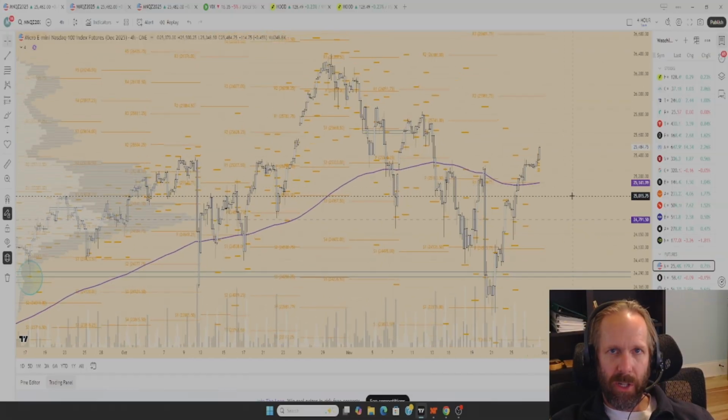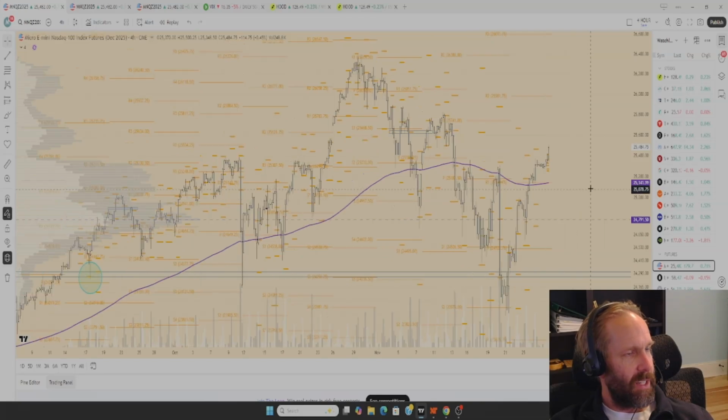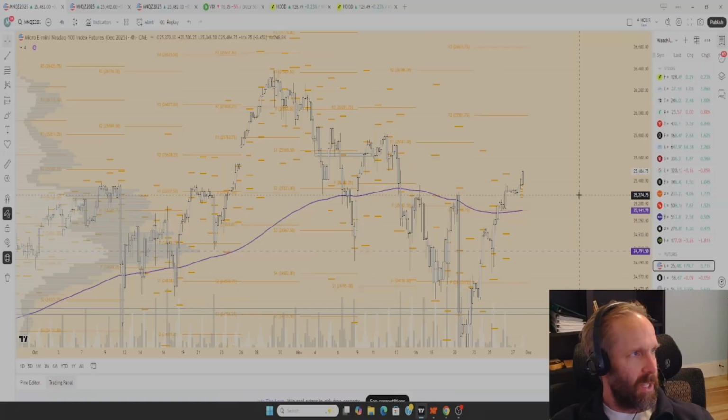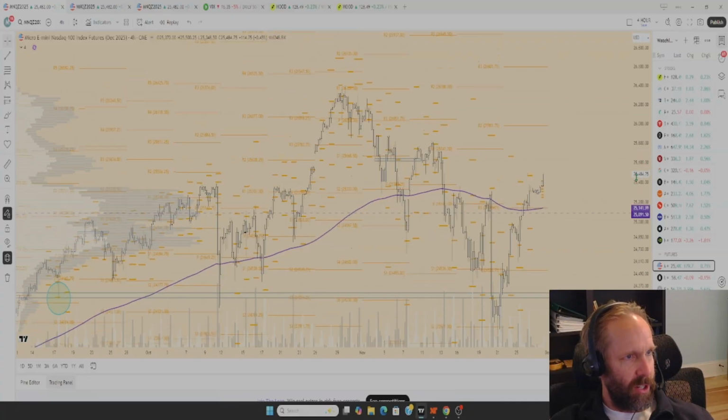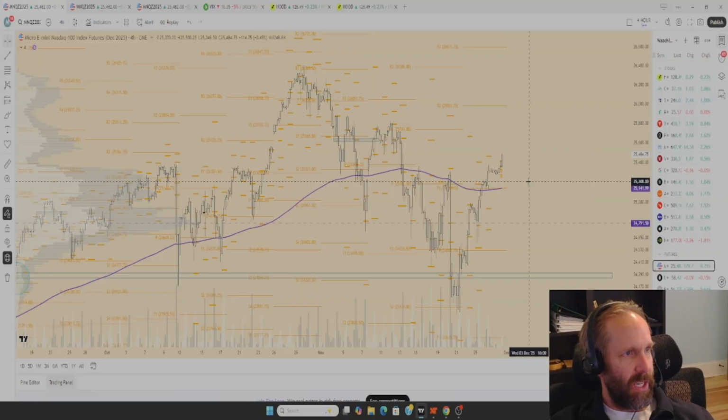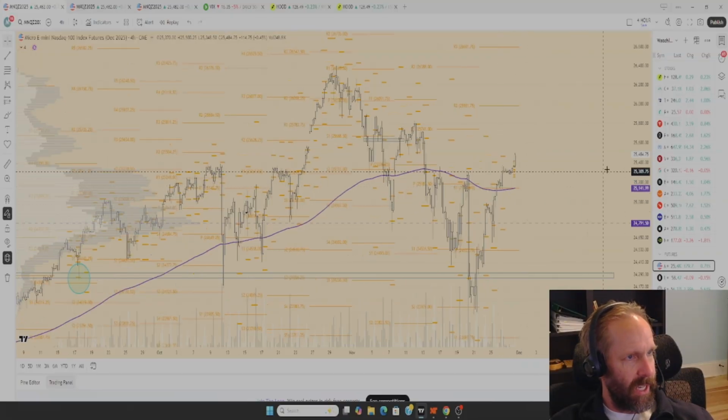As you gain more experience, you can trade both ways, but a great way to stay out of trouble when you're just starting is to stick to the direction of the higher time frame bias. And so every day when I look at my charts, the first thing I do is ask, what's the higher time frame bias? To do that, I look at the overall market structure, and I look at where price is in relation to this EMA.